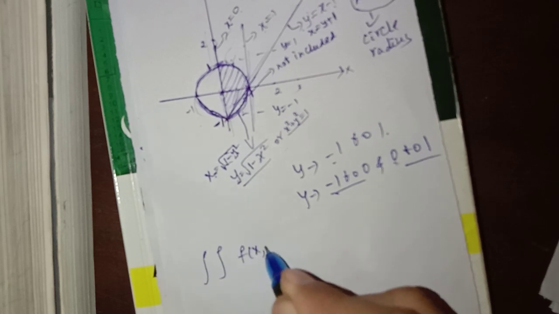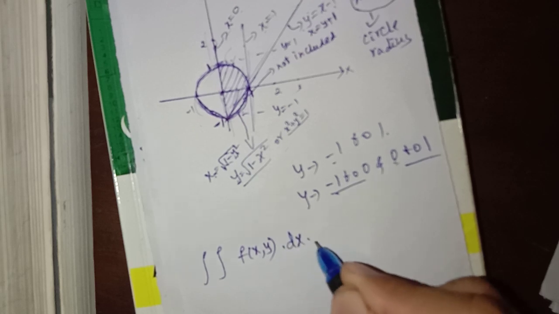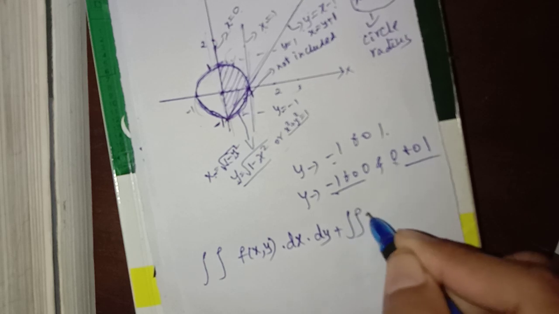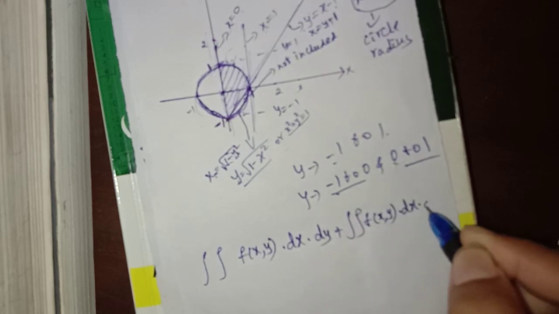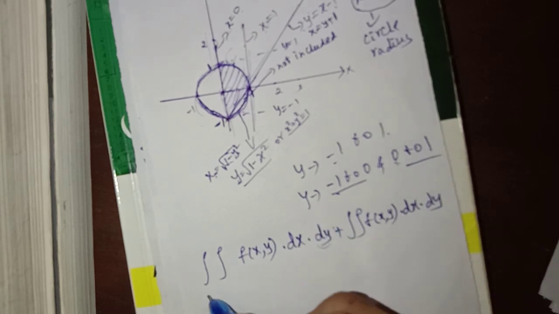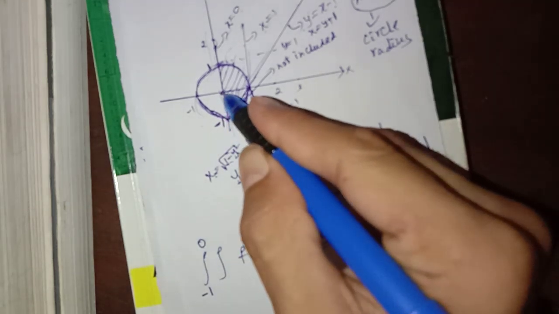By making the partition, we can write it as the integral of f of xy dx dy plus the integral of f of xy dx dy. Now first we have to take a constant value for y. What is the constant value? Minus 1 to 0.